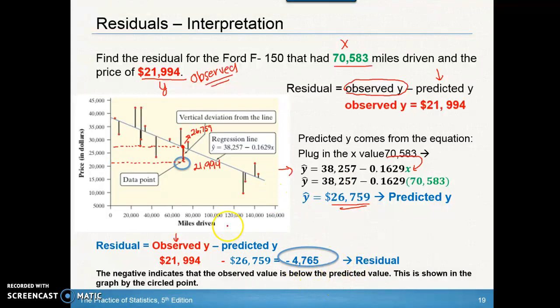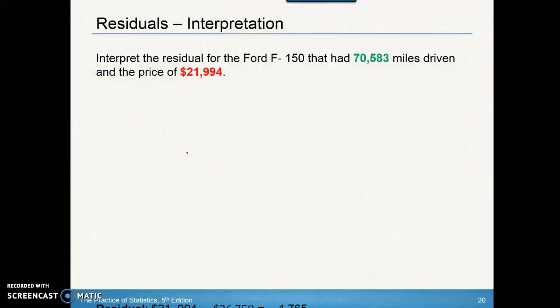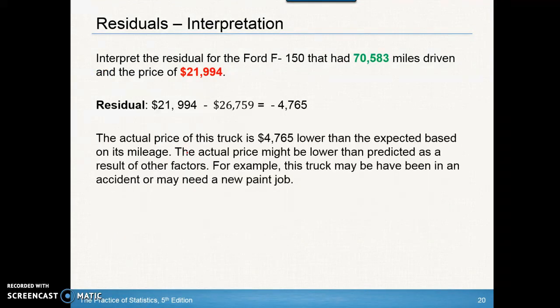So what does that tell us? Negative residual means that the observed value is below the line. Since the observed value is below the line, that means the line actually overpredicts the cost of the car. Okay, so let's interpret the residual. So that's negative 4,765.